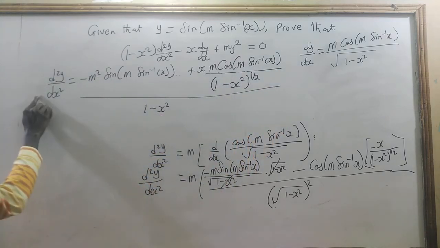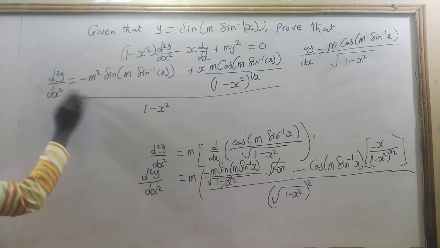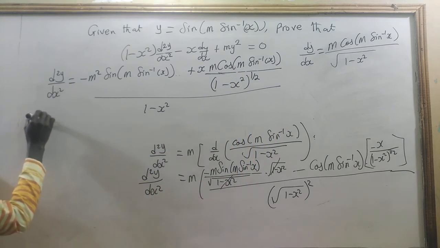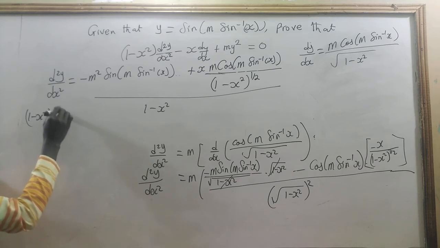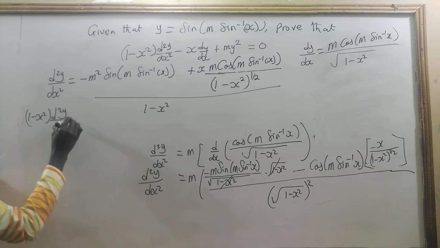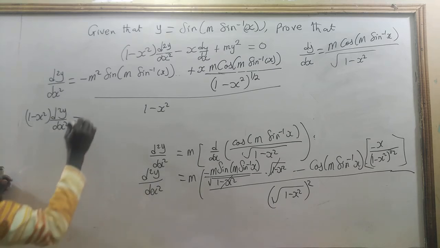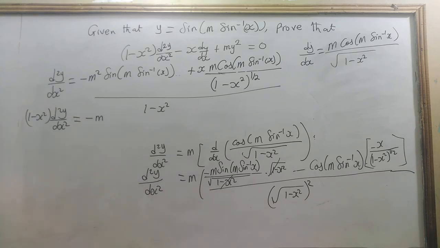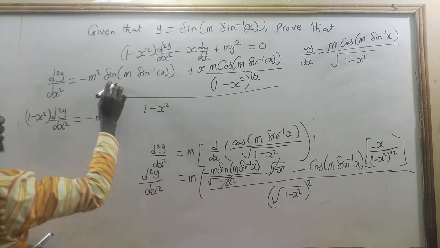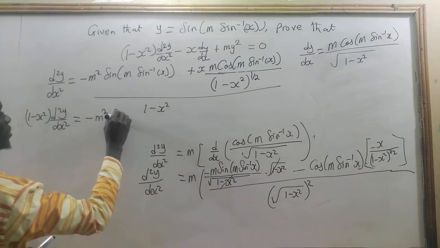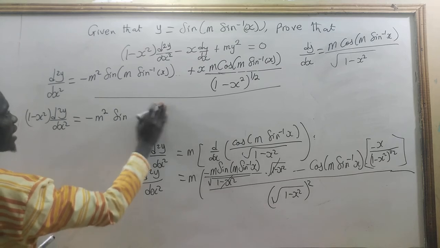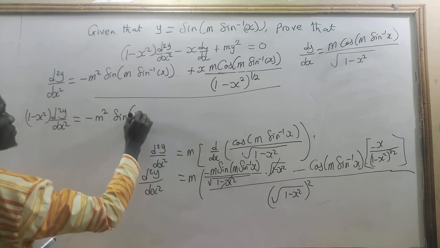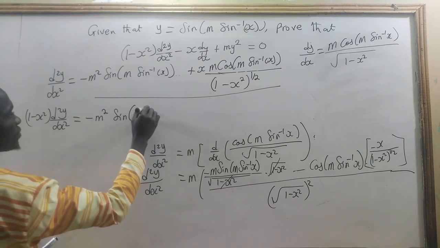By first doing cross multiply, that's multiplying this by that. So we have 1 minus x squared, d²y on dx squared equal to minus m squared times sine of m inverse sine of x.